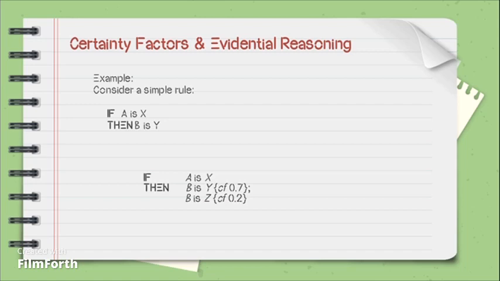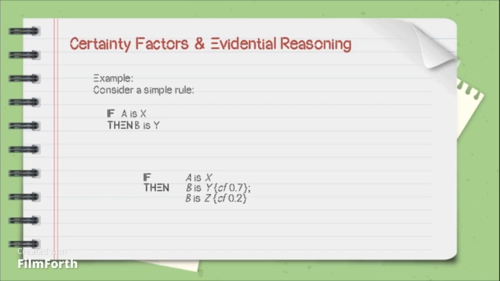So here is the first example, considering a simple rule. If A is X, then B is Y. An expert may not be absolutely certain that this rule holds.